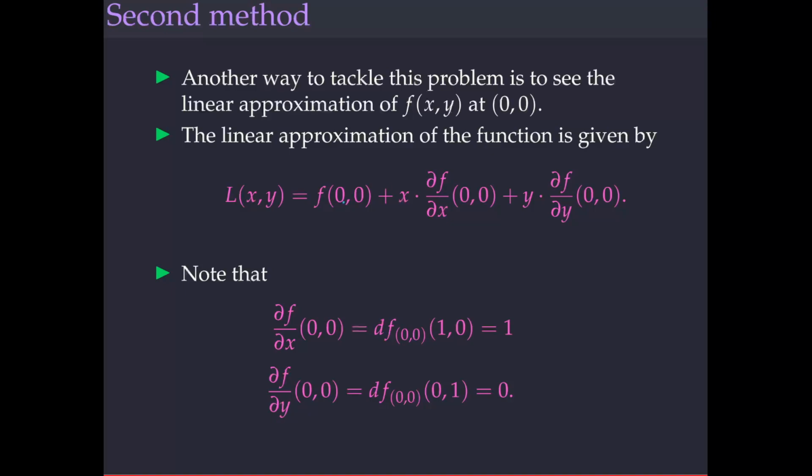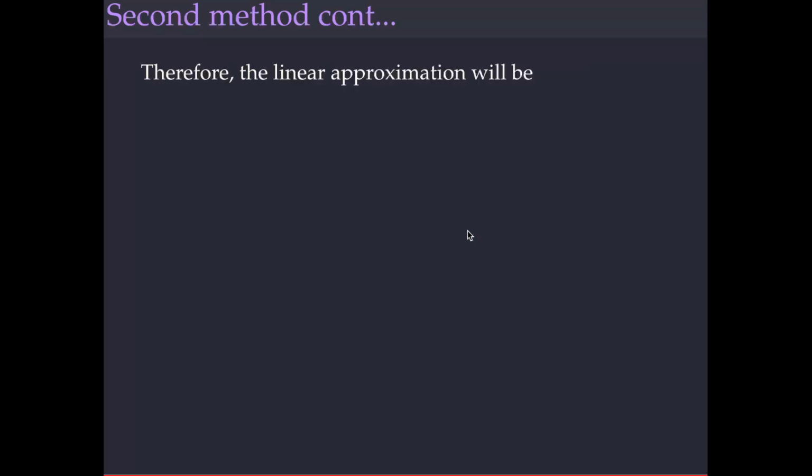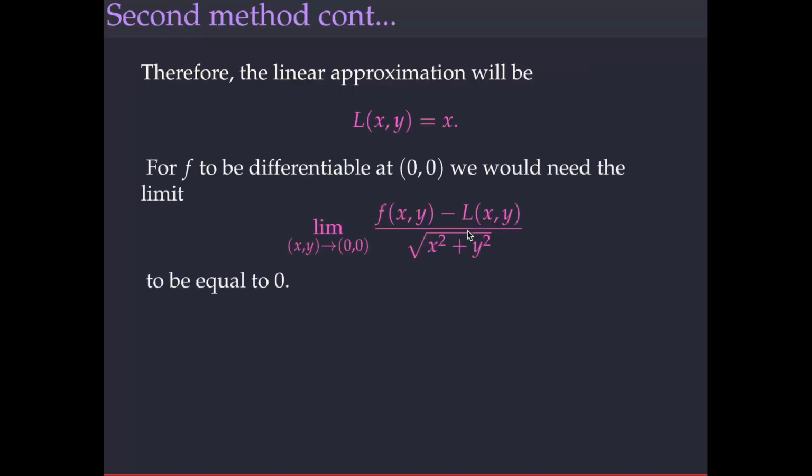So this means that what is the linear approximation? This is equal to 0, this is equal to 0, and this is equal to 1. So the linear approximation is x. Okay, fine. So for f to be differentiable at (0, 0), we need that this limit should be equal to 0. Why should this limit be equal to 0?